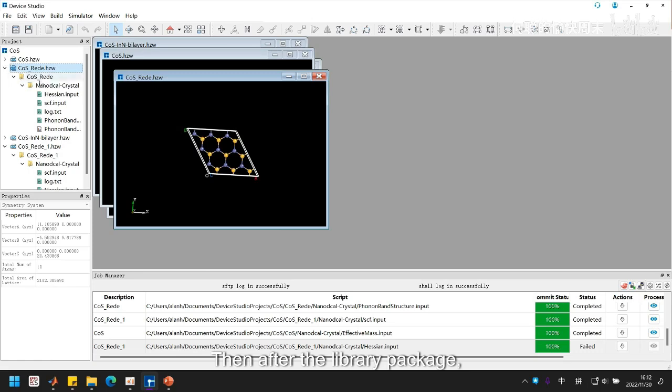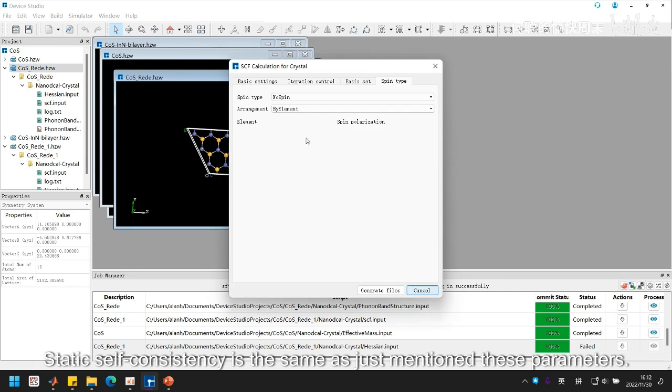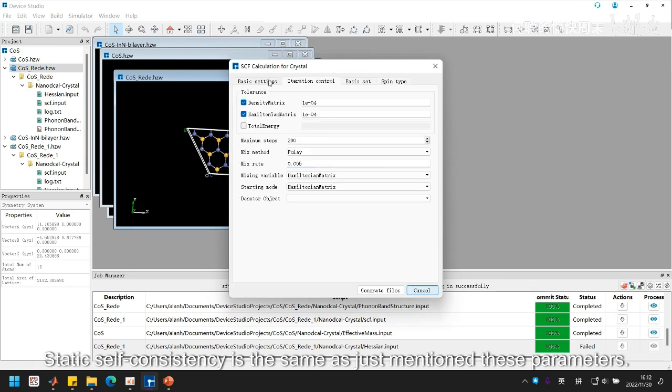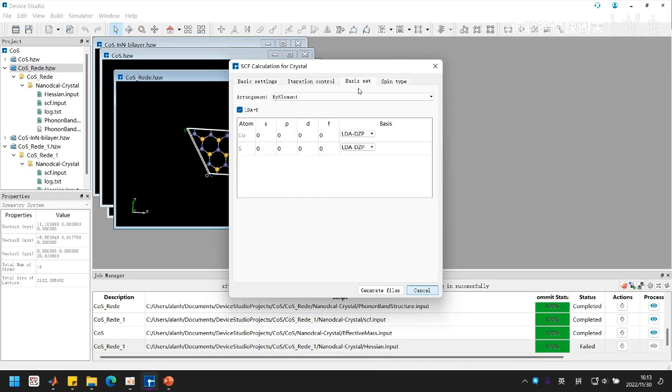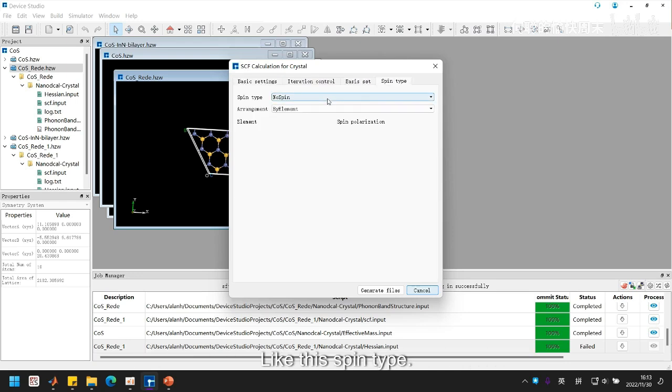Then after the supercell, it is still necessary to do a static self-consistency calculation. Static self-consistency uses the same parameters as just mentioned. Try to maintain consistency with the prior set, like this spin type.